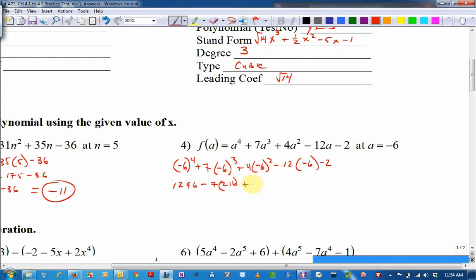Now I've got 4 times negative 6 squared, and a negative number squared is a positive number. And now I have a minus 6 and a subtraction, so that's going to come out to be plus. Okay, let's go ahead and simplify.